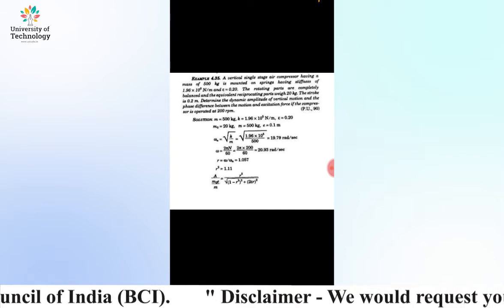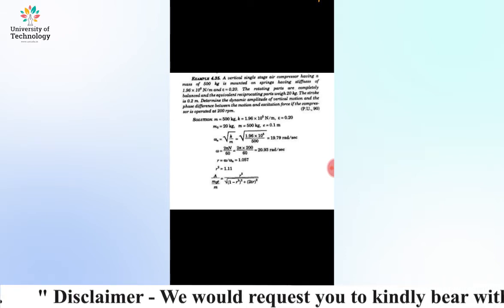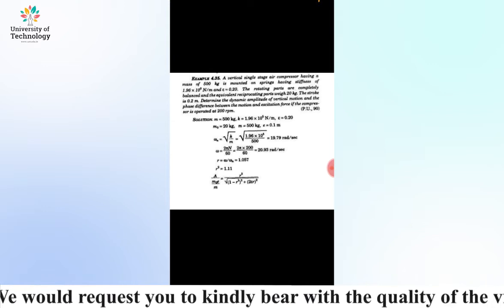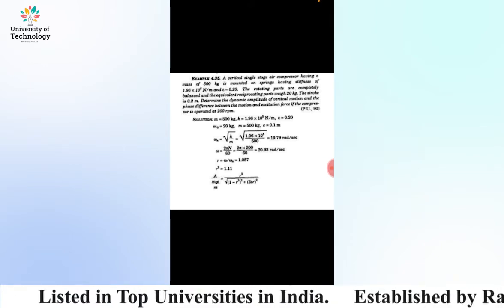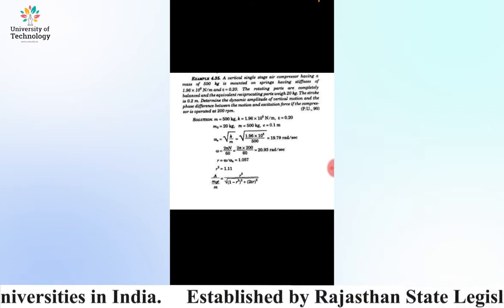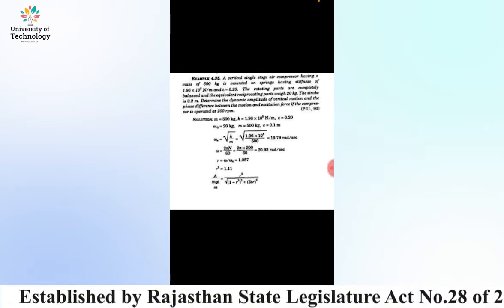For this we have to find the value of omega n, that is equal to root k by m. The value of k is given, that is 1.96 × 10^5 upon 500, that is equal to 19.79 radian per second. And then we find the value of omega, because we have to find the ratio of omega and omega n.